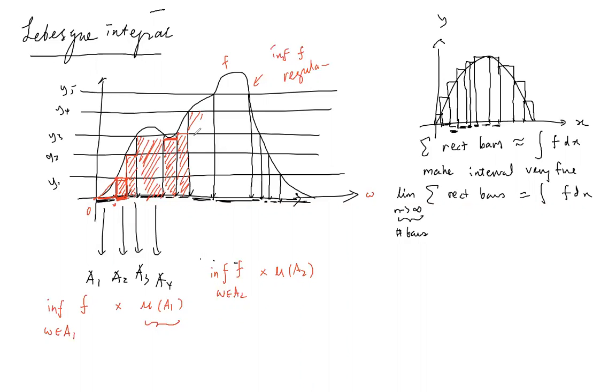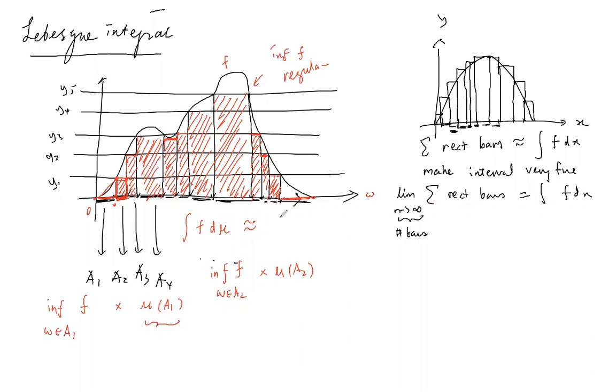This one is here. This one is here. So over here, the infimum is here, here, here, and because here is 0, the infimum is 0.